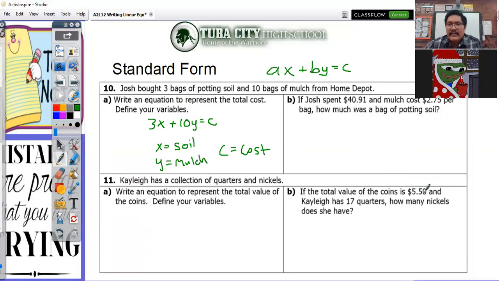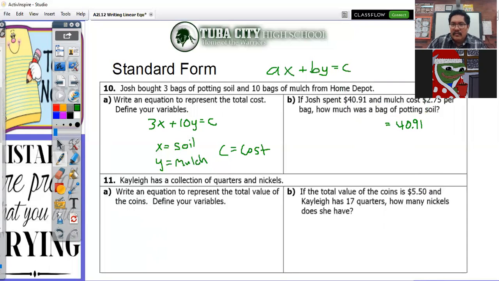All right, so we're going to have to kind of work backwards with this next one. Kind of similar to what we were talking about when we were talking about functions. Can you determine how many of something somebody has bought if you know the total and how much that item was? So in this case here, it says that Josh spent $40.91. So that is the cost, $40.91.